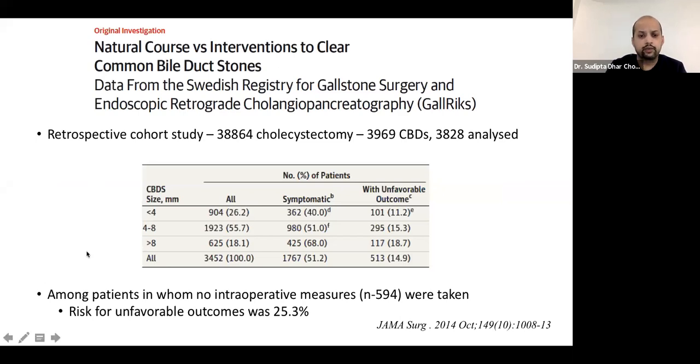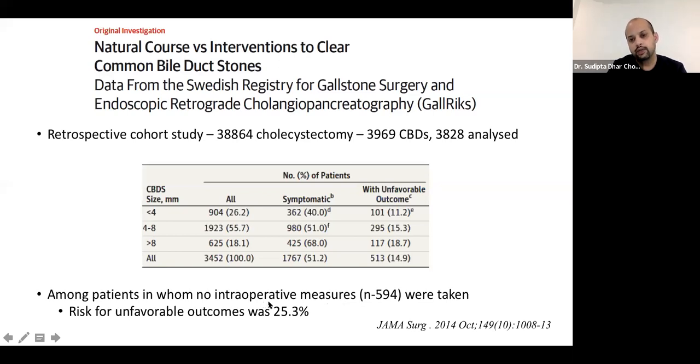From this data, what we realized is that among the patients in whom no intraoperative measures were undertaken, meaning the patients did not undergo either a post-op ERCP or an intra-op laparoscopic CBD exploration, the risk for unfavorable outcomes was to the tune of 25%.